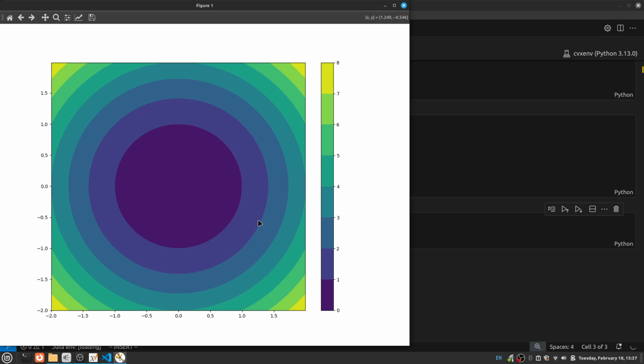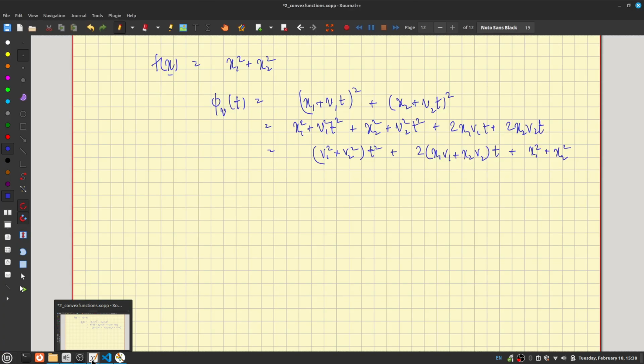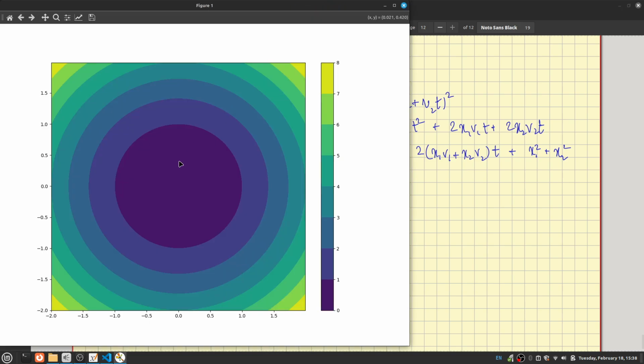And what does this particular phi v of t look like? Let's say that I take a cut along a line. If I go along that line, the function is just something like a parabola. If I look at this as a function of x1 and x2, this is basically a three-dimensional parabola. It's like a bowl.